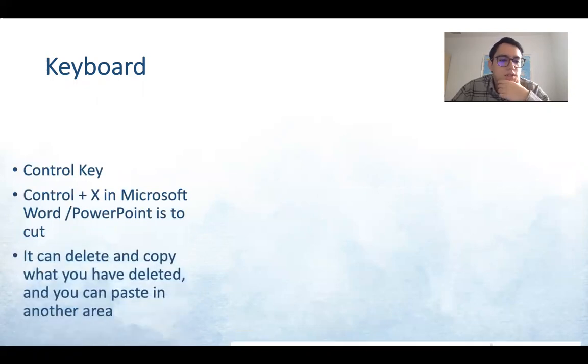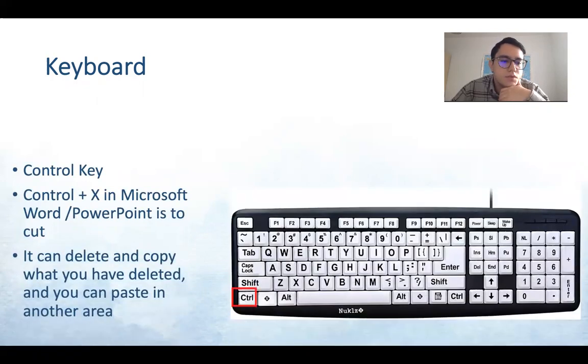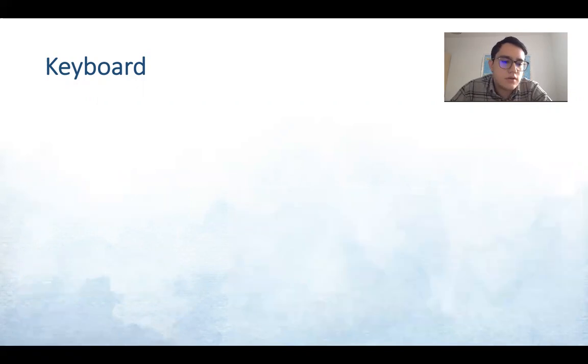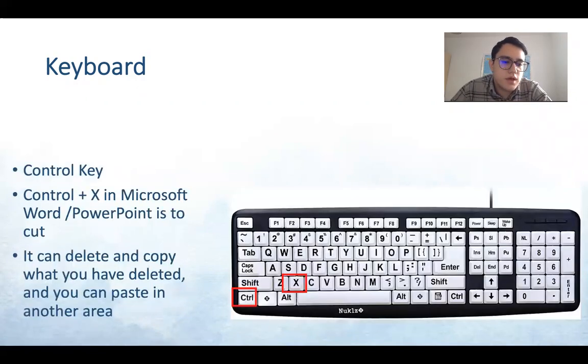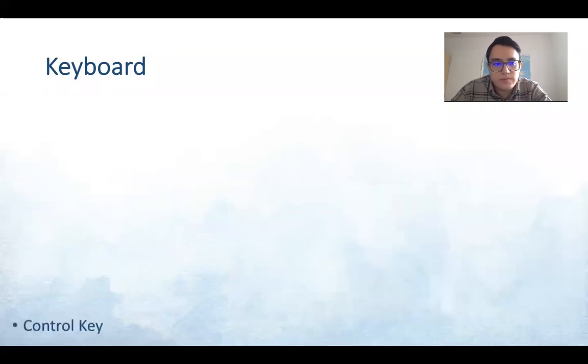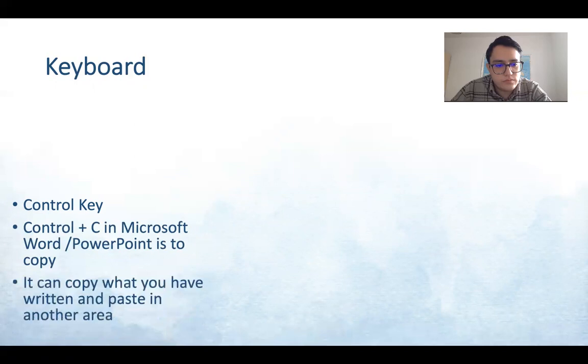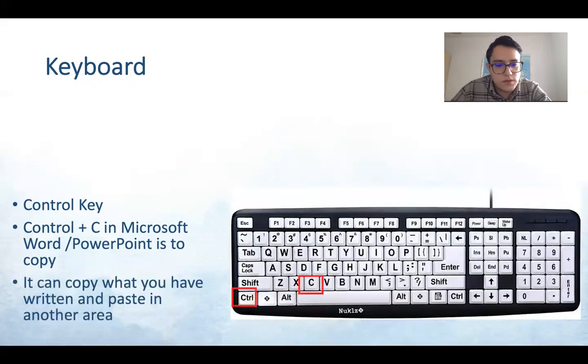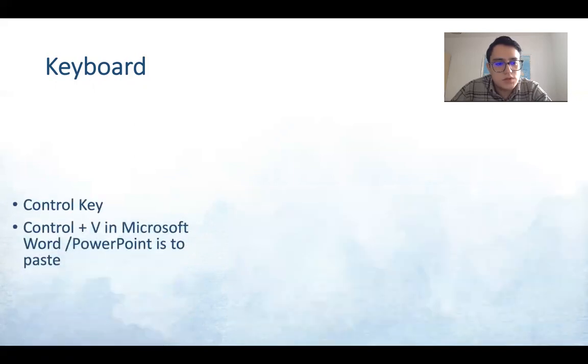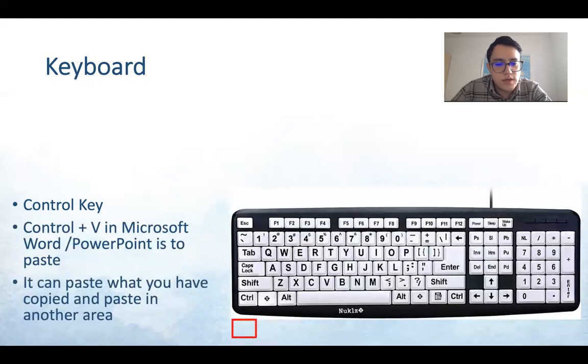Control X is to cut, which can delete and copy what you have deleted, and you can paste it in another area. Control C is to copy, and you can paste it using Control V. You can paste it somewhere else.